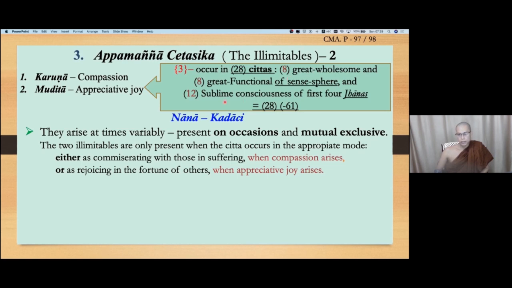Then here, up to the fourth jhana, all four jhana arise together with the illimitables. That's why only the fifth jhana is the exception. So fifth jhana, 23. Then, Lokuttara, supramundane consciousness.